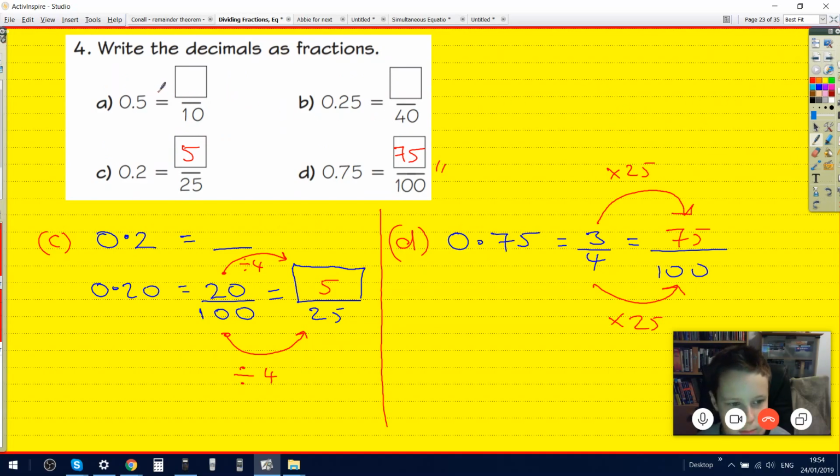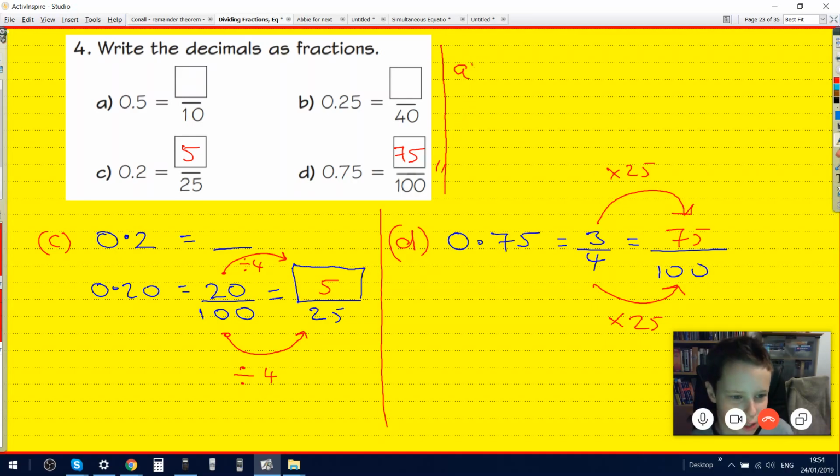Okay, working backwards, part A. 0.5 is the same as, I think, 5/10. How about part B? 0.25 is the same as something over 40.